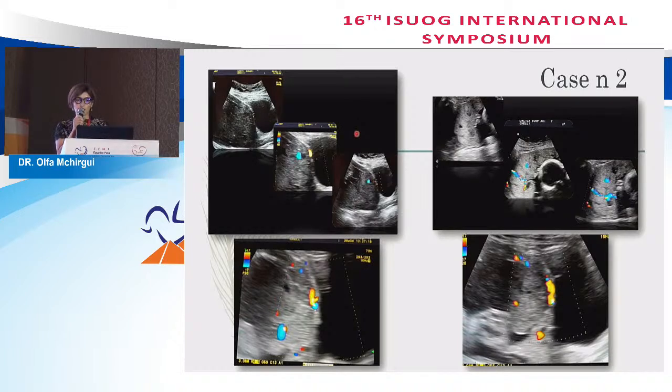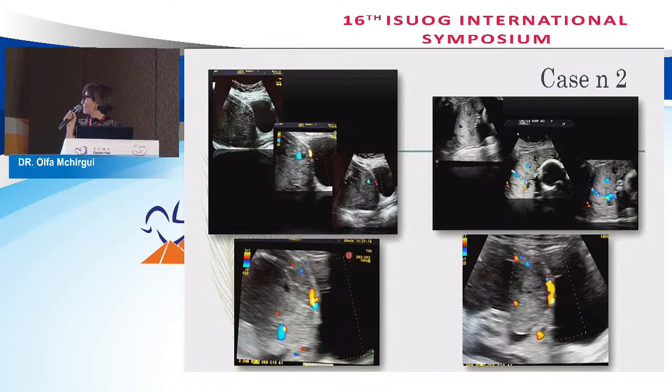Our second case is a 38-year-old patient with a history of a C-section delivery 3 times, who consulted for contractions at 30 weeks. So the imaging here, the ultrasound, shows the bladder and also a low-lying placenta here.